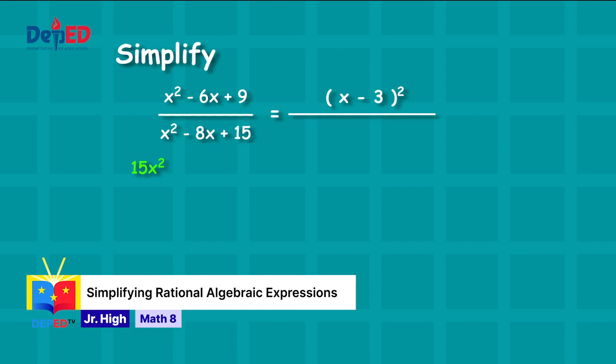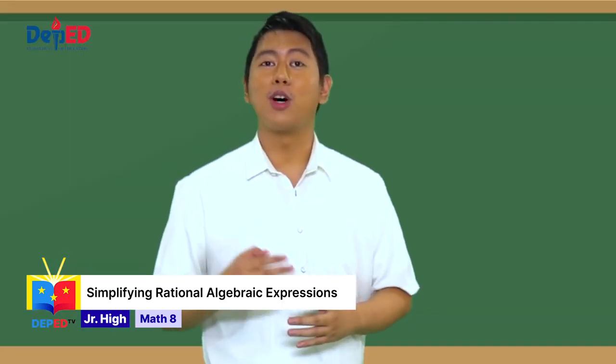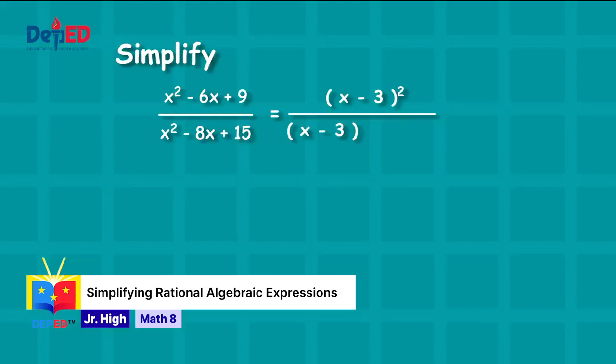Can you think of factors of 15x squared whose sum is negative 8x? The factors must be negative 3x and negative 5x. So, the denominator will become the quantity of x minus 3 times the quantity of x minus 5.